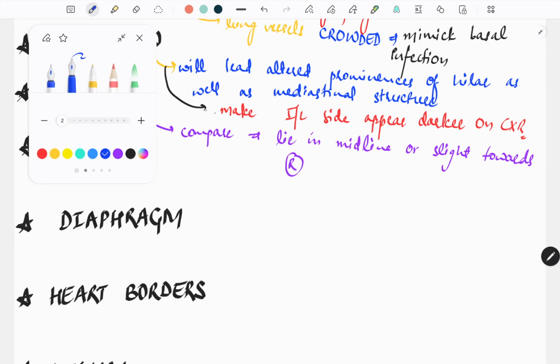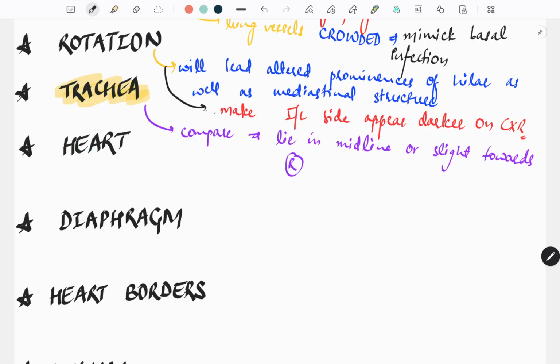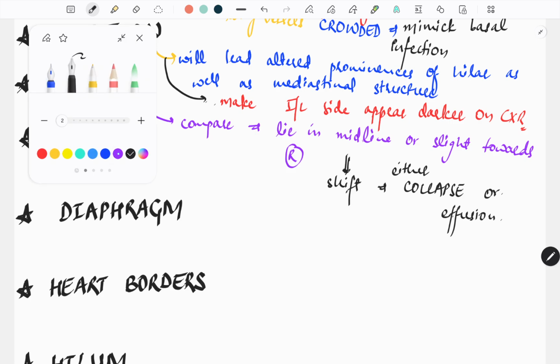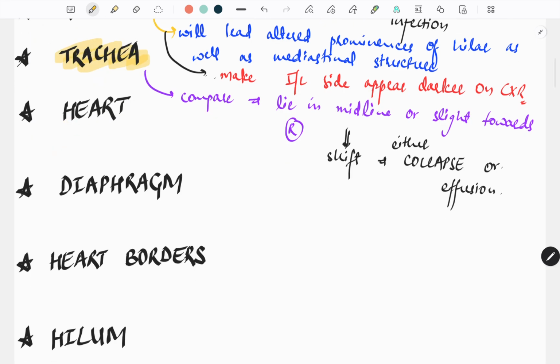If not, then it will suggest a shift and will lead to the diagnosis of either collapse or effusion. Basically, it will suggest mass effect or ipsilateral pull on the trachea.